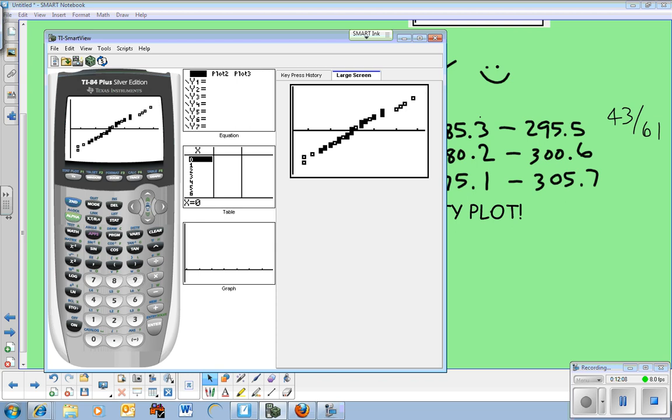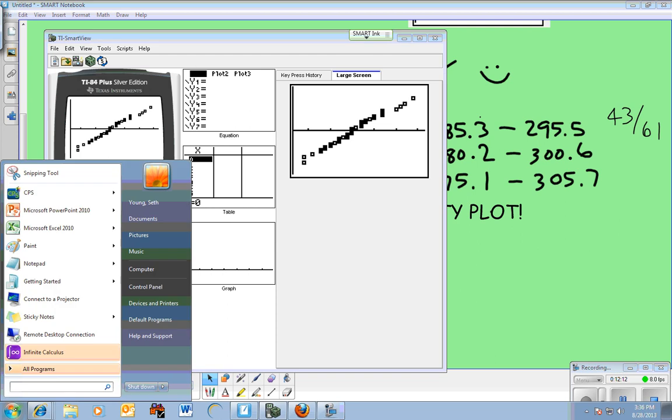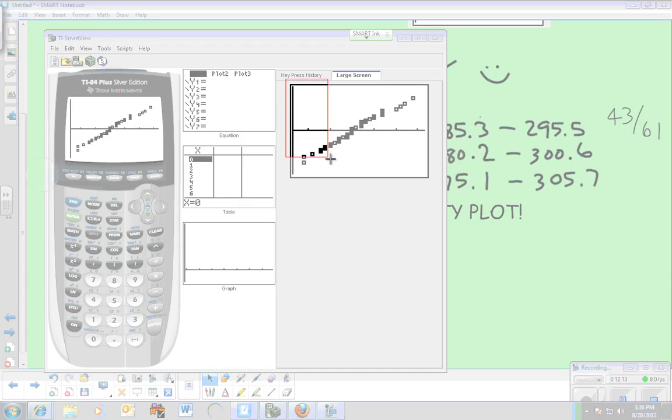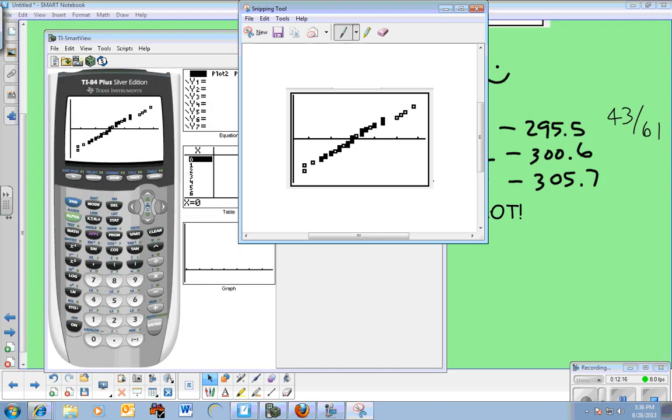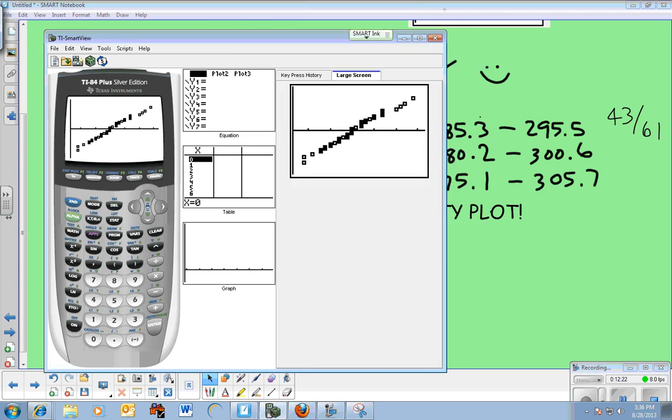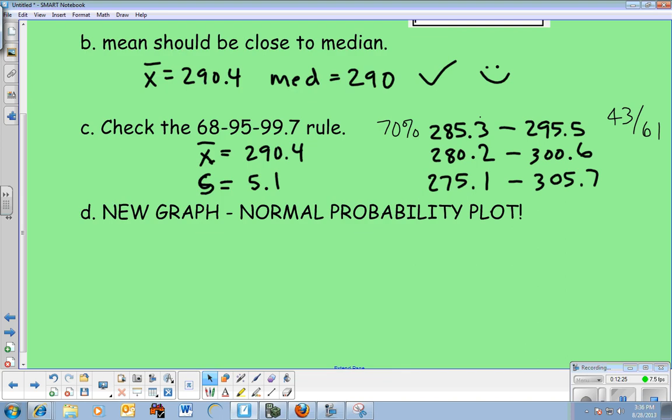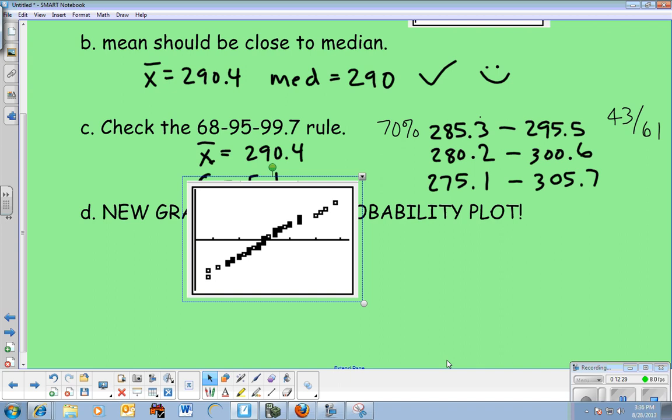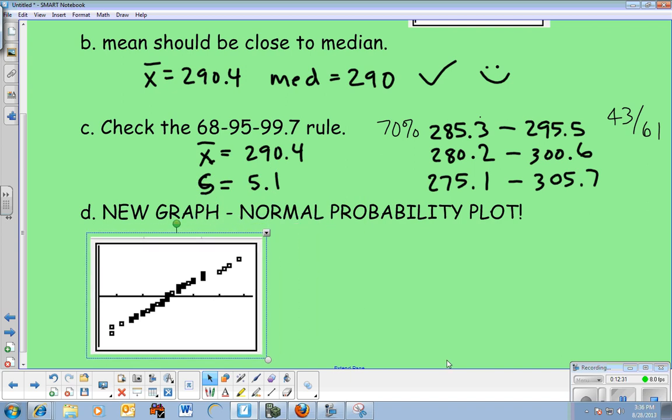Okay, so normal probability plot. What does this tell us? What happens in the calculation of this graph is it sort of denormalizes the data and straightens it out. So if your data is normal, this should result in a fairly straight line for the normal probability plot.